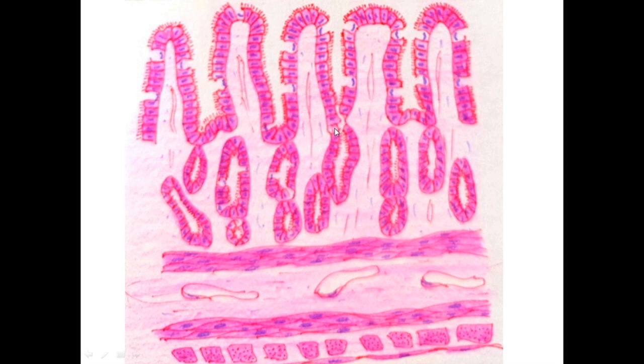So there are no specific things. The standard structure of a small intestine is seen in the jejunum without any modifications.